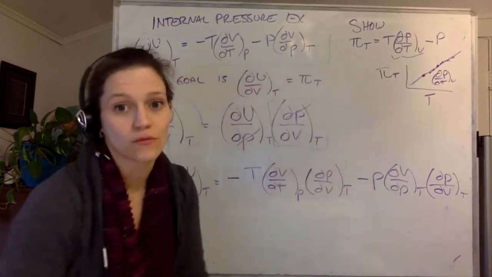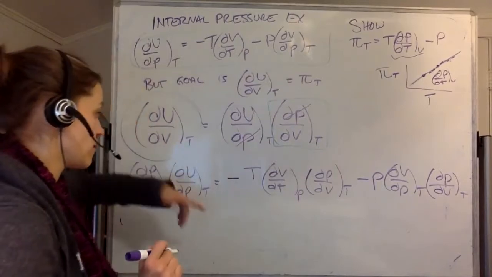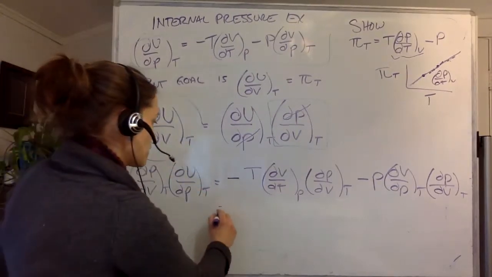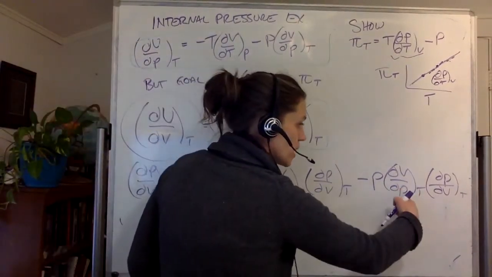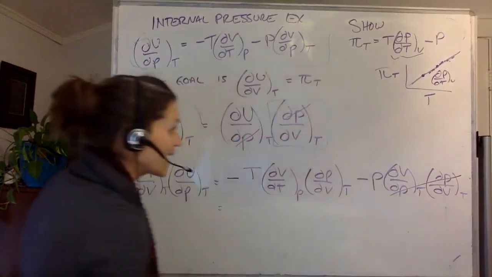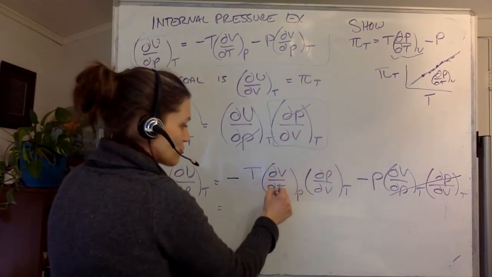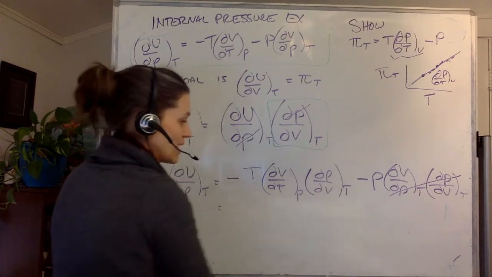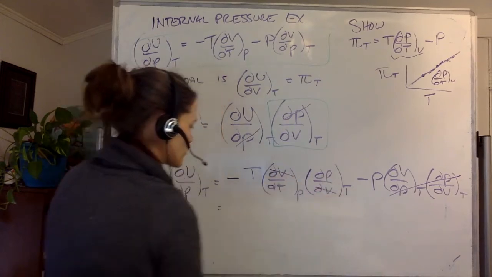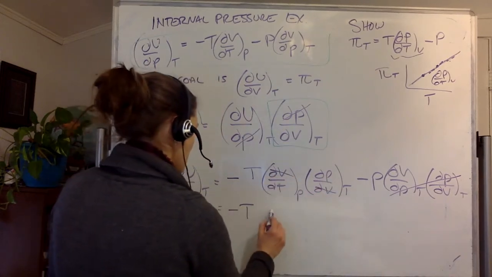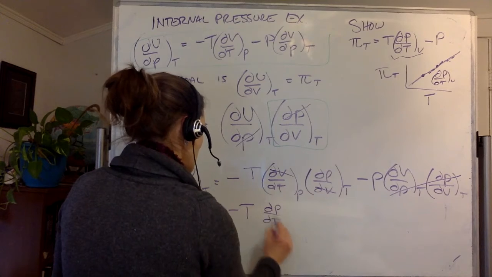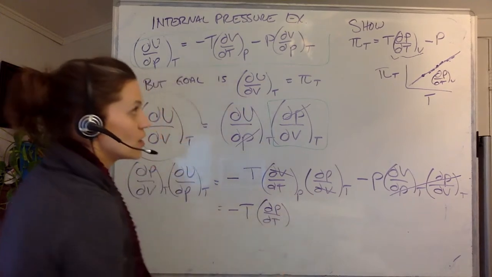You can see now I'm going rogue off of the notes because you don't need them once you follow the mathematics. All right, so this then, notice dV dP, dP dV. That cancels, that's glorious. Now notice this, partial V, partial T, partial P, partial V. Same math trick. Those are going to cancel. I'm left with minus T, partial P, partial T at constant, uh-oh.